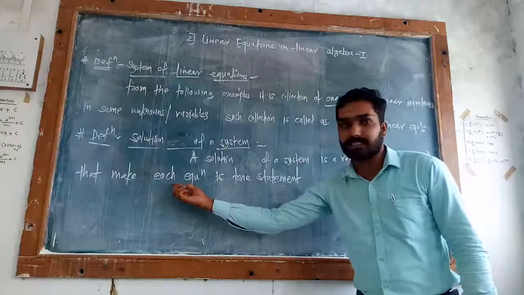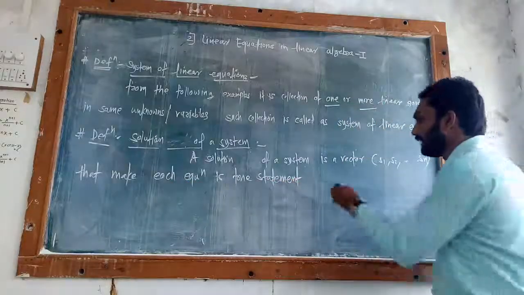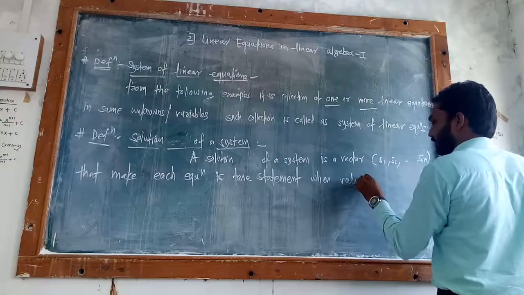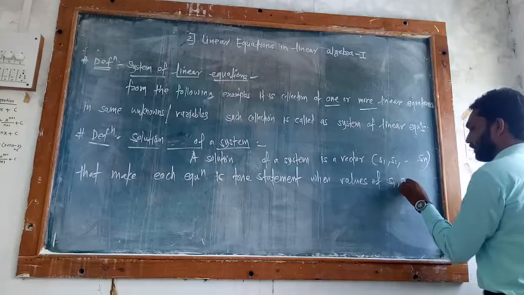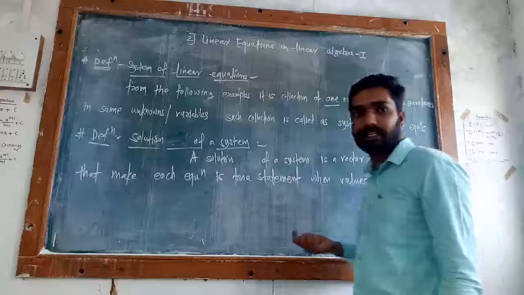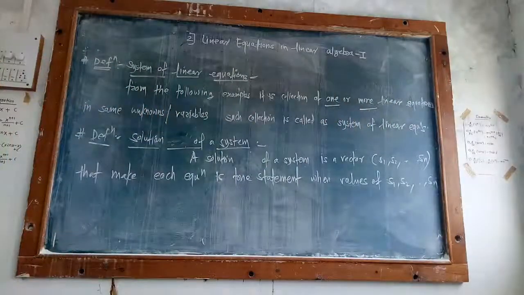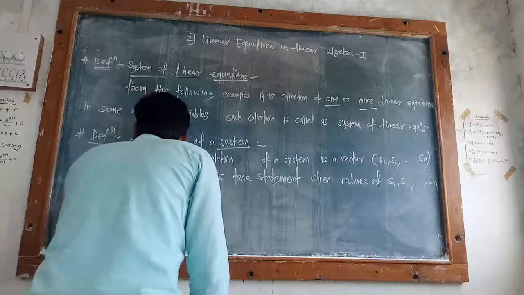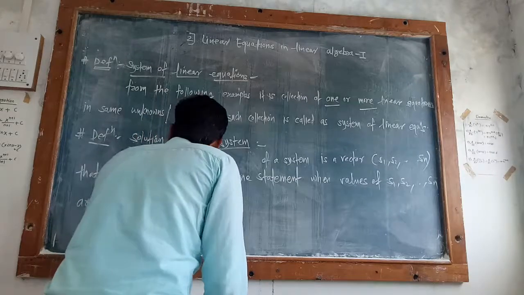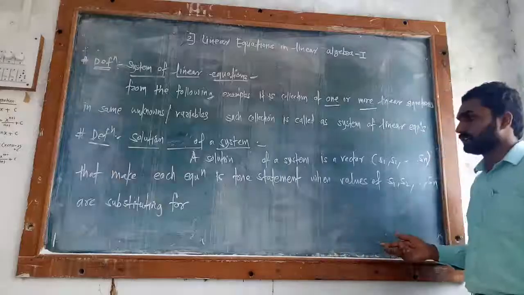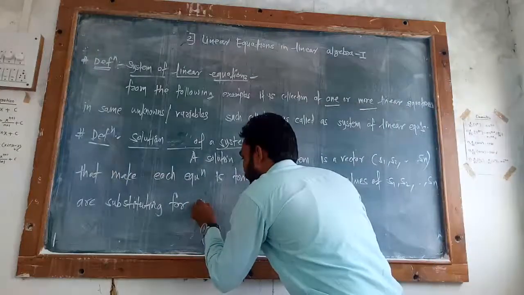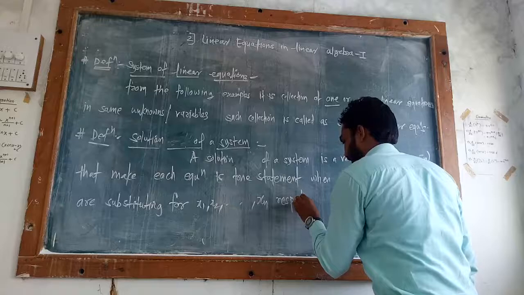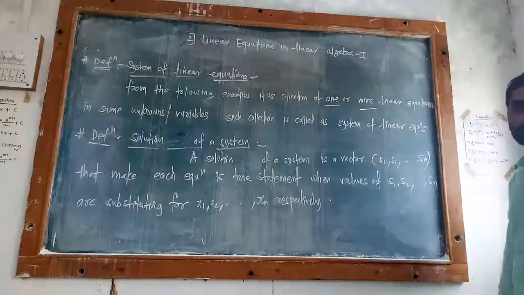That means each equation of the system is a true statement when the values S1, S2, Sn are substituted, or put in for x1, x2, xn respectively. This is called a solution of a system.